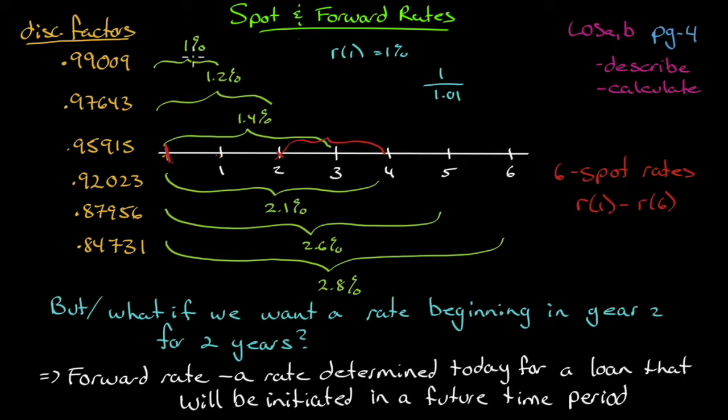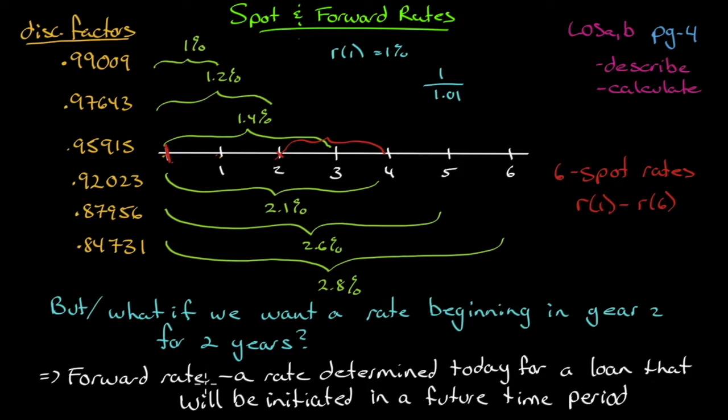It turns out that if we have these spot rates, we can determine what this rate will be if we agree on it today. That will be a forward rate, and the spot prices will tell us what forward rate it implies. Hence sometimes you'll see it referred to as an implied forward rate.